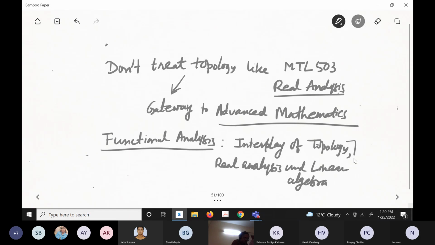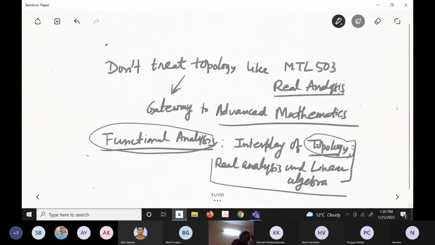You need to know these three things well if you want to understand functional analysis well. You took two of these last semester, and this semester you are taking topology, so you need to understand the basic concepts of topology. Though in the functional analysis you will be taught, you only need metric space, even then you need to know metric space and linear algebra very well.